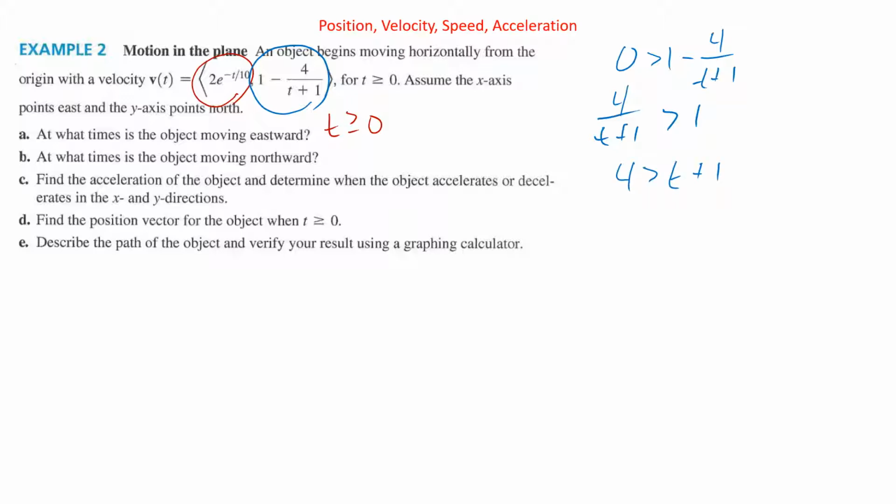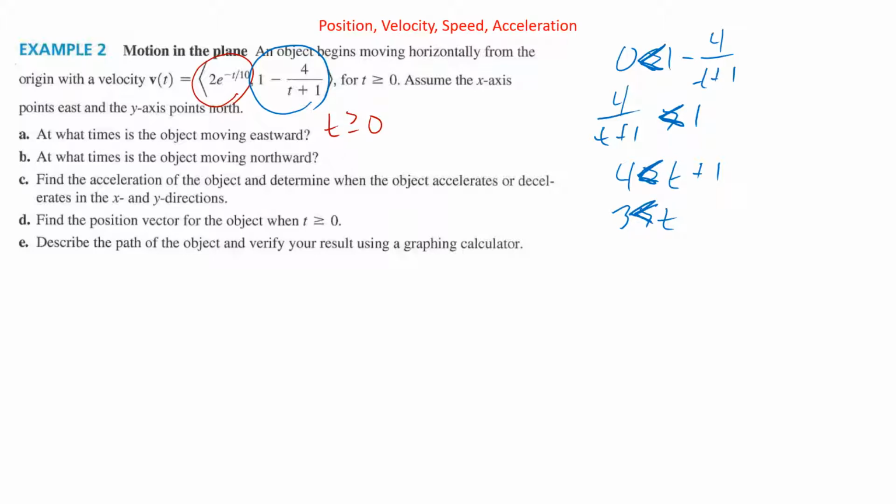Subtract. 3 is greater than t. So when t is less than 3, nope, I had that wrong. The sign's backwards. I put 0 is greater than. It needed to be 0 is less than. What we're looking at has to be greater than 0 because we want to be moving north. We want to be moving up.